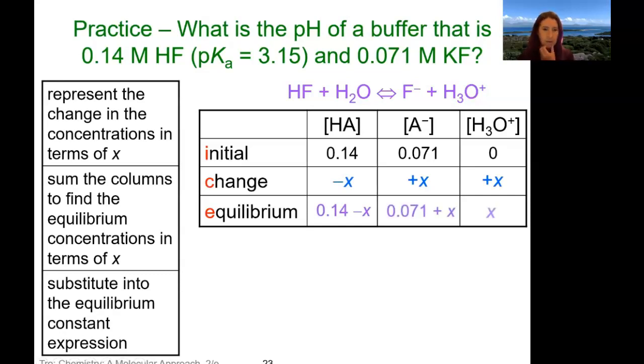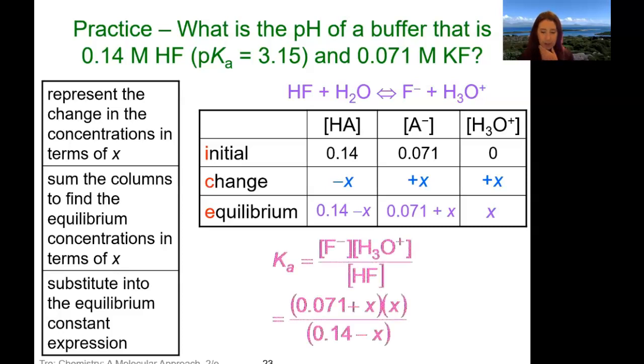Now, how can we tell? So here's our equilibrium expression. In order to cross these off and be okay with crossing these off, we have to assume x is small. But remember, when we assume x is small, we need to compare this to our Ka, but we don't have a Ka.